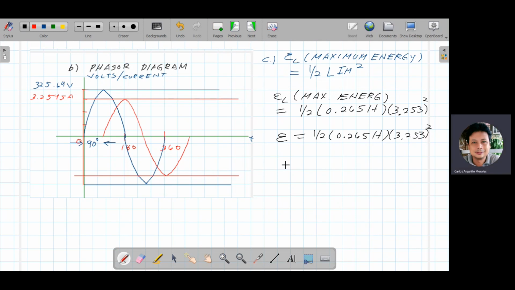So the energy of the inductor is equal to 1.4082.